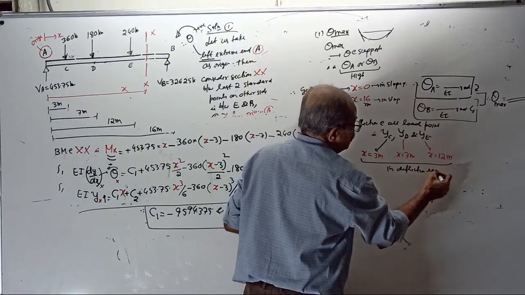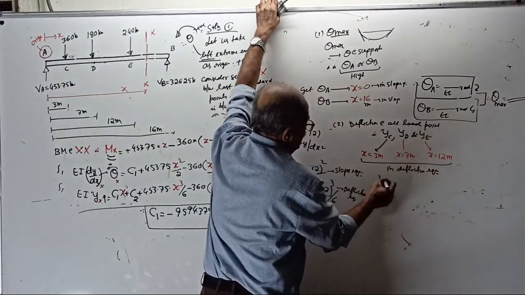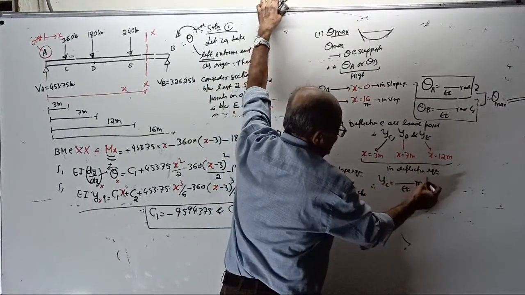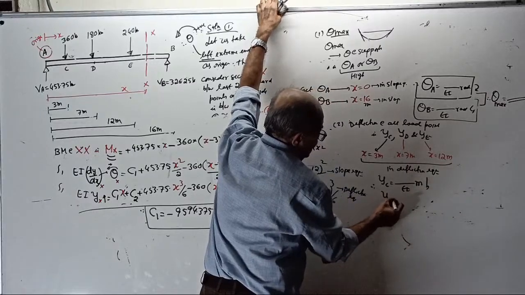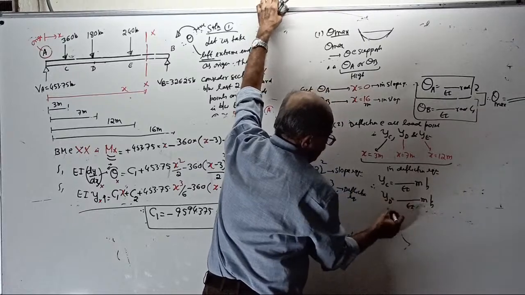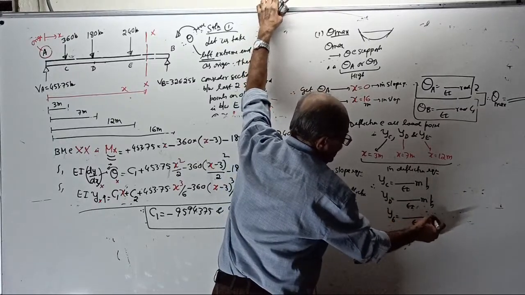I am so sure that all the values will come negative. Therefore, deflection at C is something divided by EI meter down. Deflection at D equal to something divided by EI meter down. Deflection at E equal to something divided by EI meter down.